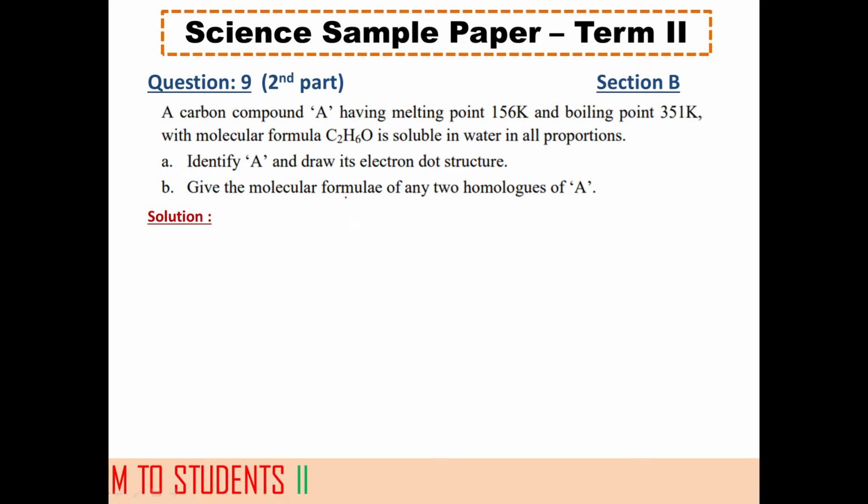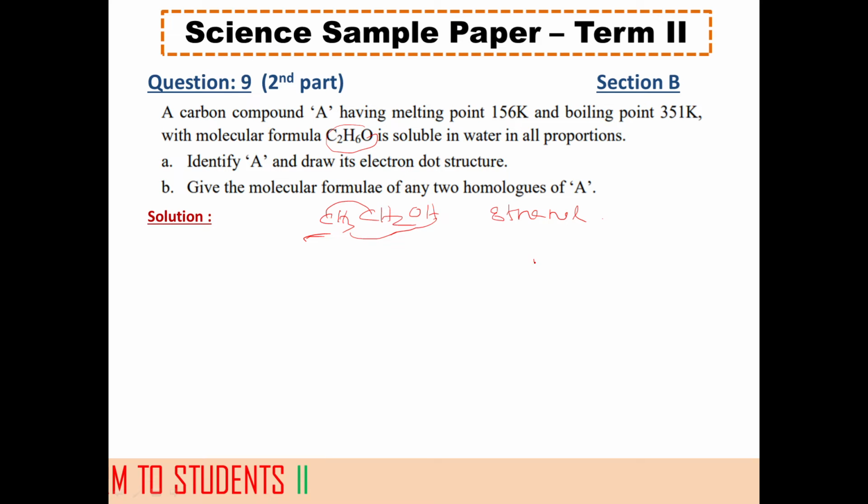From this formula, it is clear that it will be ethanol, because its structure is actually CH3CH2OH. You see, the number of hydrogen is 6, carbon is 2. So I can write this formula like this. So this is ethanol. Now identify A and draw its electronic structure.